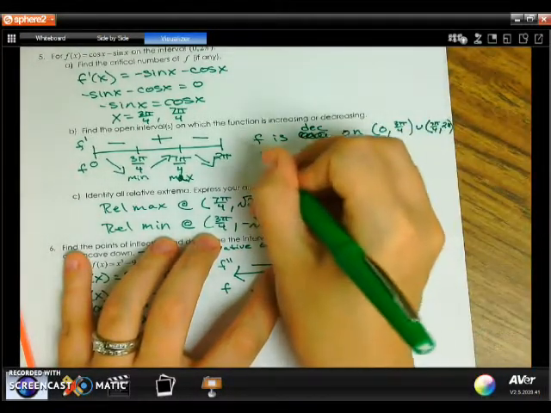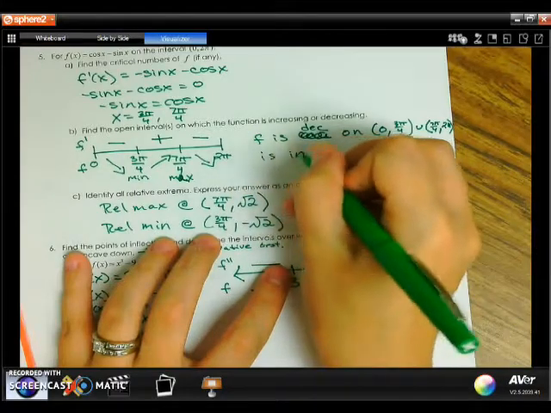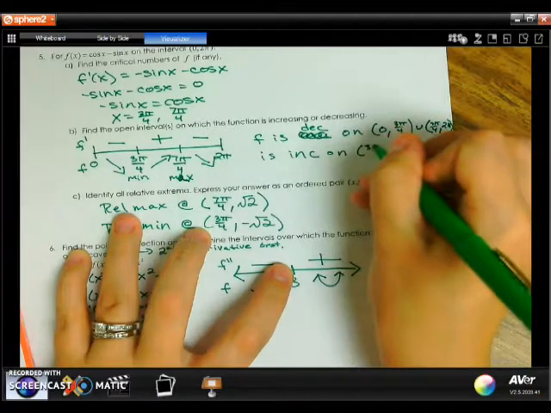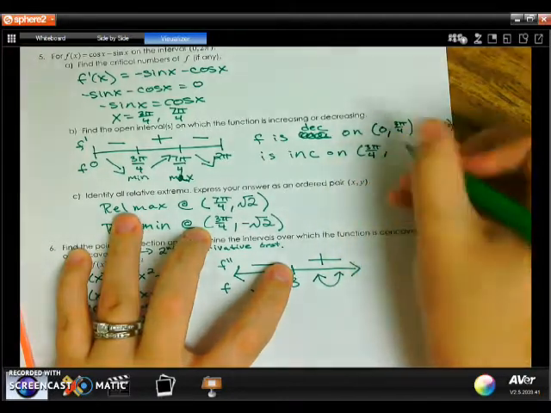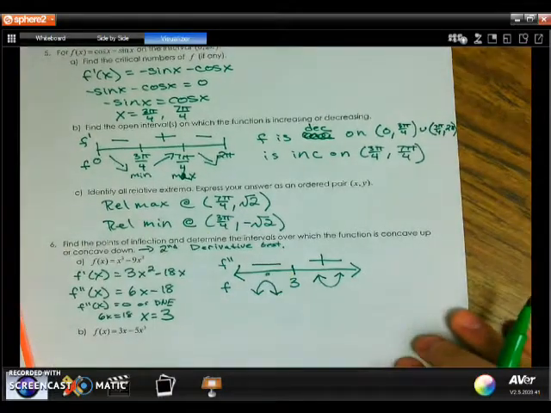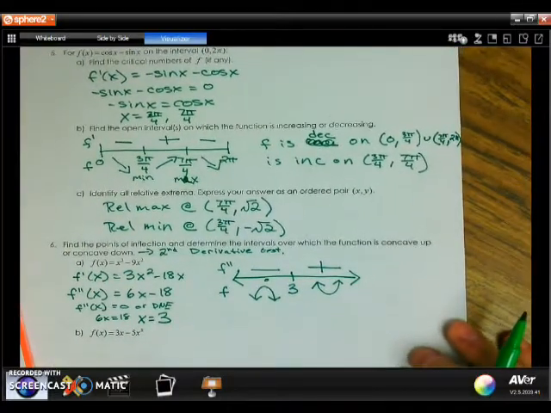And I could say that it is increasing on the interval 3 pi over 4 all the way to 7 pi over 4. Okay, so there's my conclusion for number 5.